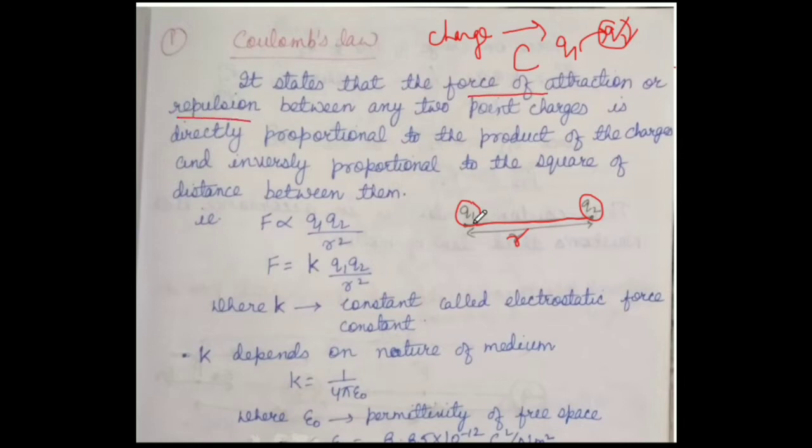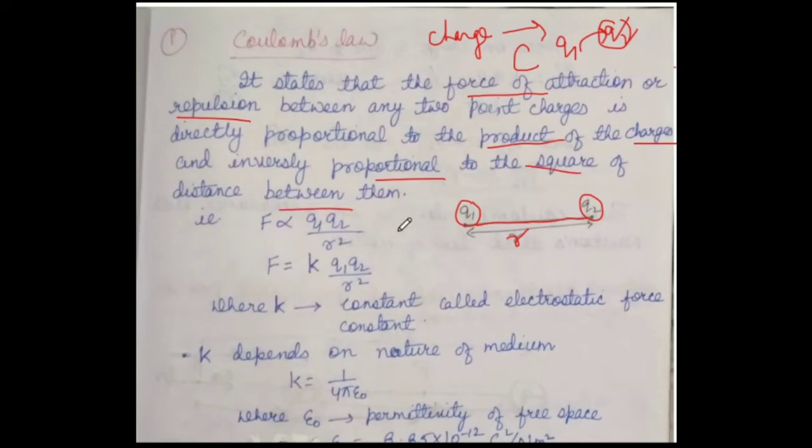depending upon the sign of the charge. Charges are of two types, positive and negative. Like charges always repel and unlike charges always attract. So there is a force of attraction or repulsion between these two point charges, and it is directly proportional to the product of the charges and inversely proportional to the square of the distance between them.